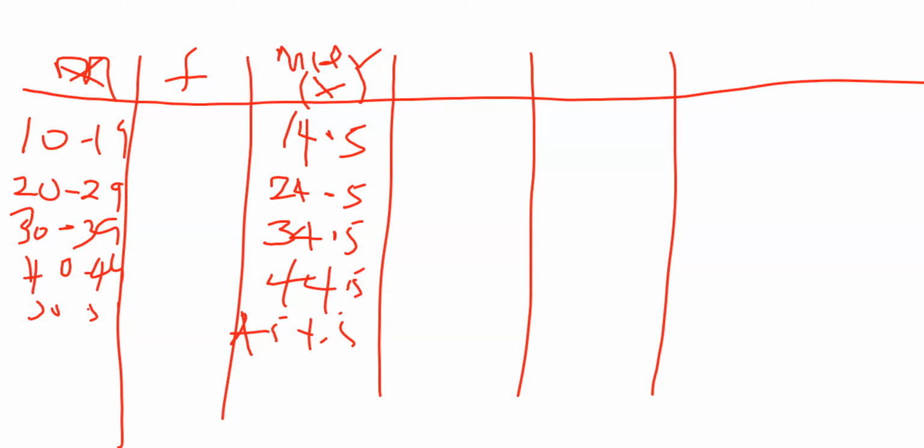The next column is for us to calculate deviation. And our deviation will be x minus a, and you are aware that our a is 54.5. Is it clear?